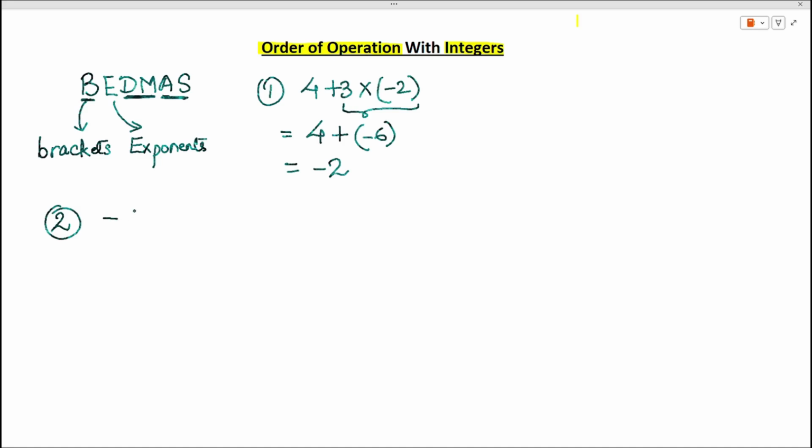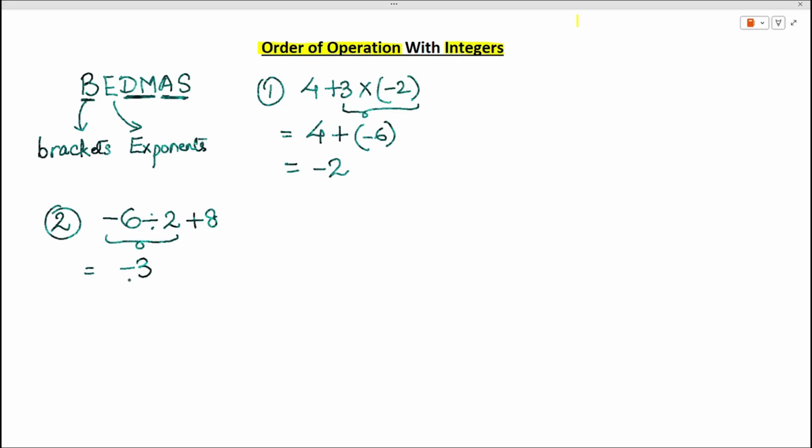So if it is -6 divided by 2 and added to 8, over here now we have to do the division first, and then -6 divided by 2 is a -3. That's because a negative and a positive when divided always gives you negative.